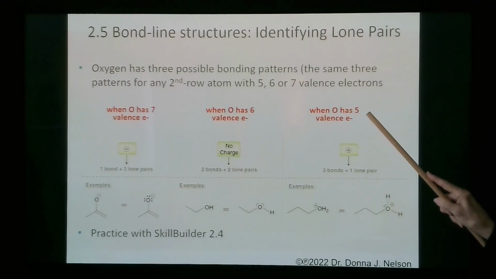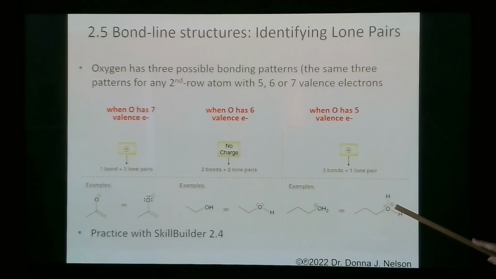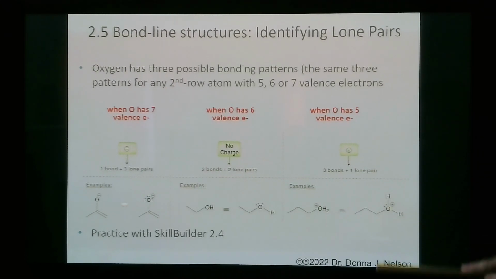When oxygen has 5 valence electrons, let's look at this. It has 1 lone pair, that's 2, and then 1 from each of these bonds, that's 1, 2, 3 valence electrons coming from the bonds, 2 coming from the non-bonding lone pair, and so that's 5.